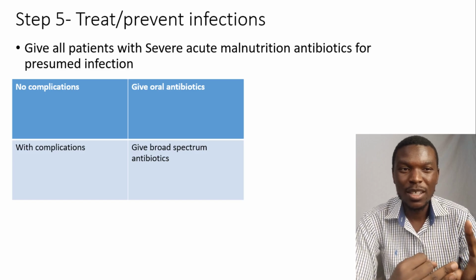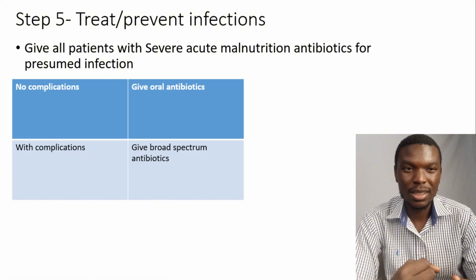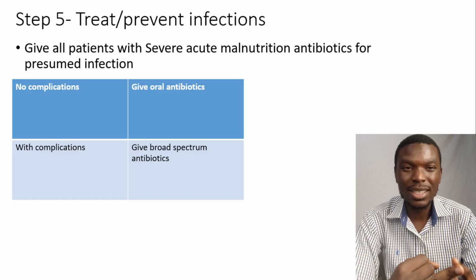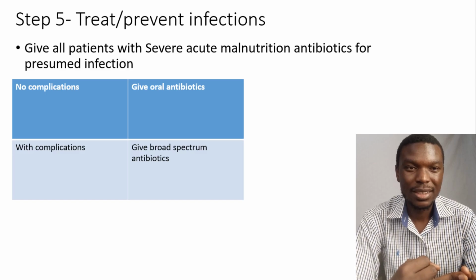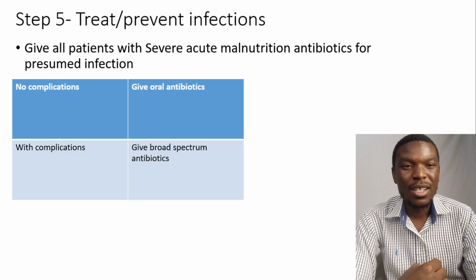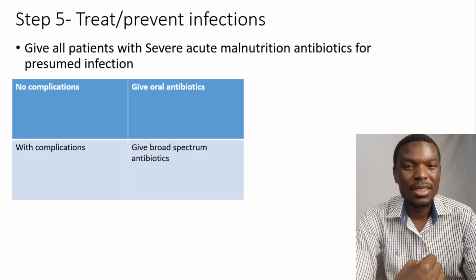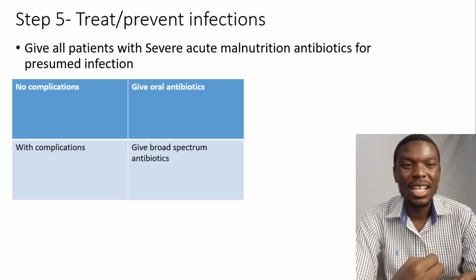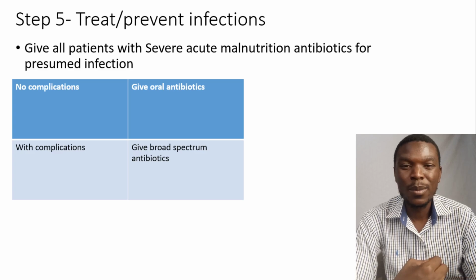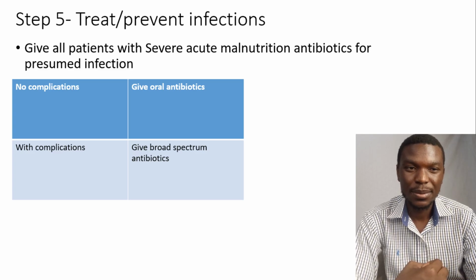You start them on broad spectrum antibiotics because you are presuming that they have infection. Once the results are back, you can now target that infection. If the child has no complications, you can give oral antibiotics. If the child has complications, you can give IV broad spectrum antibiotics.